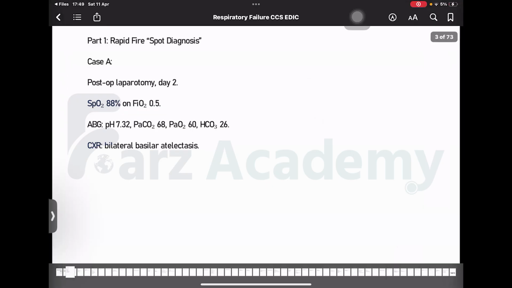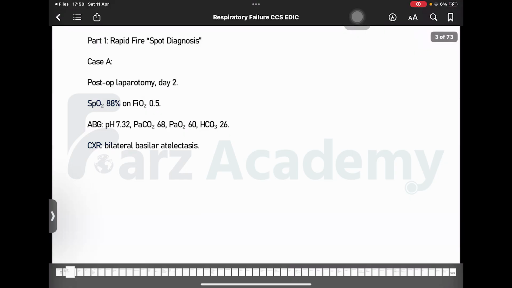Before we venture into the full case scenarios, I'd like to have two rapid-fire spot diagnosis cases with you. Whoever spots them first, please unmute your mic and reply. Case A is a post-op laparotomy, day two.